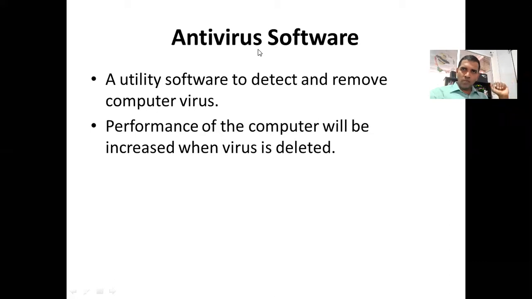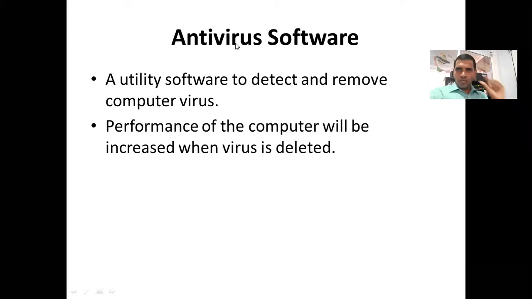There are so many bad things which can be done by a virus, right? They may delete some wanted, important files. They may create some unwanted files, right? There may be so many issues occurred by a virus. So definitely all the users want to remove them, right? How to remove? Use antivirus software.